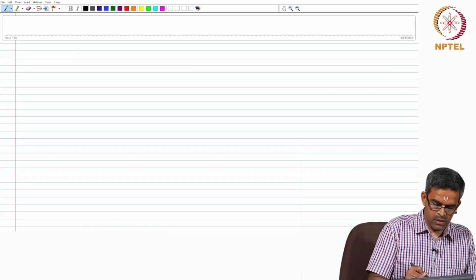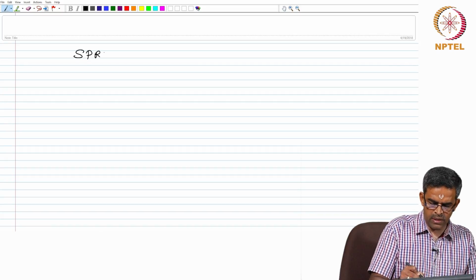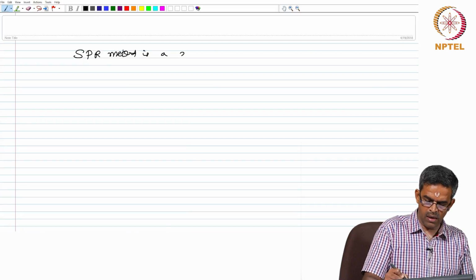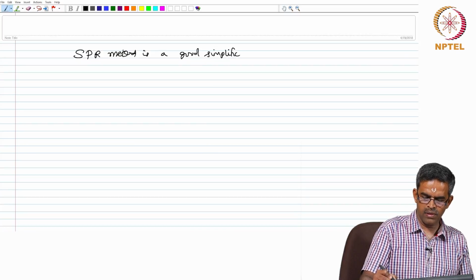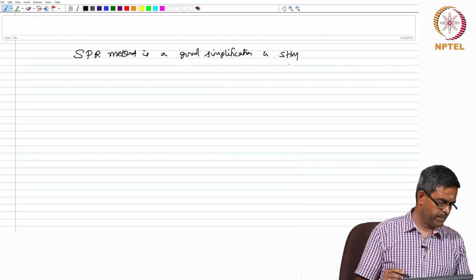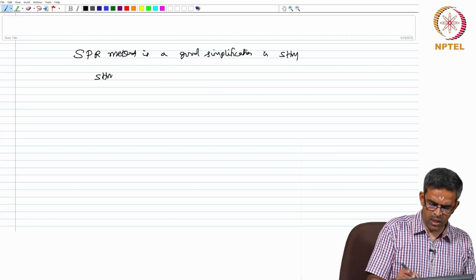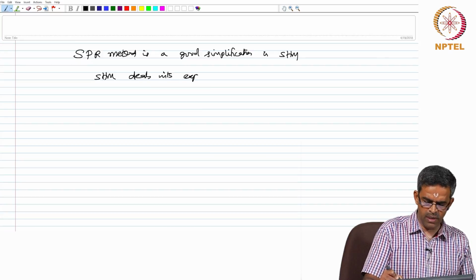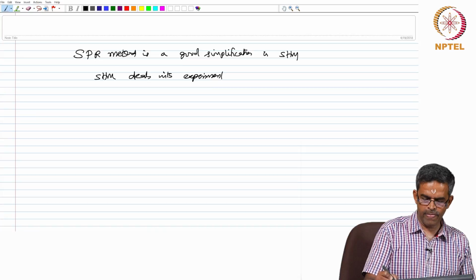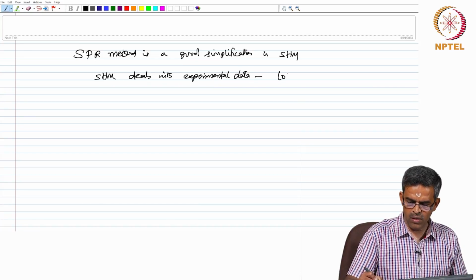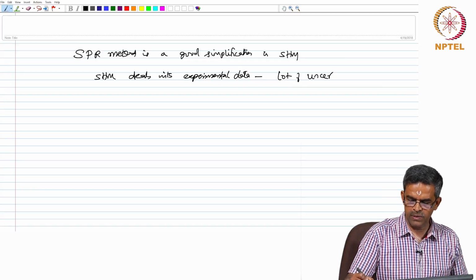Now, the statistical pattern recognition method is a good simplification in structural health monitoring. We know structural health monitoring deals with experimental data, which anyway has a lot of uncertainties.